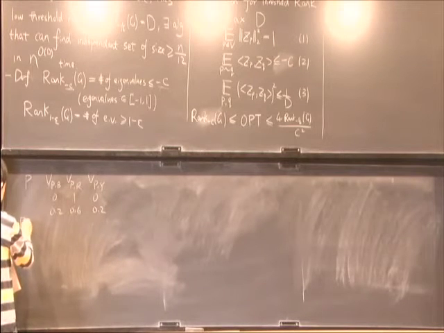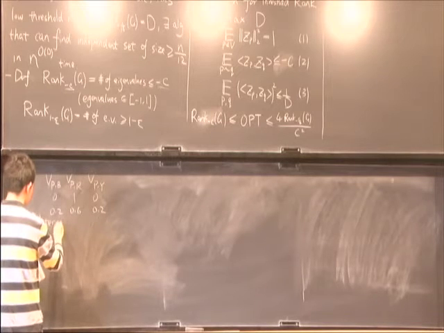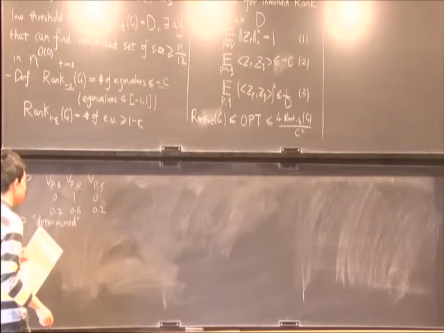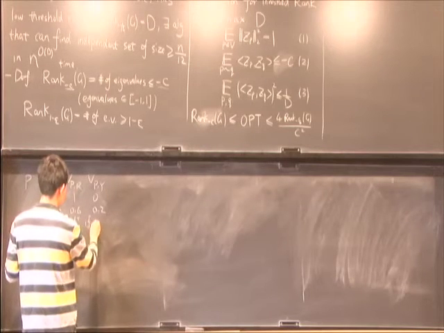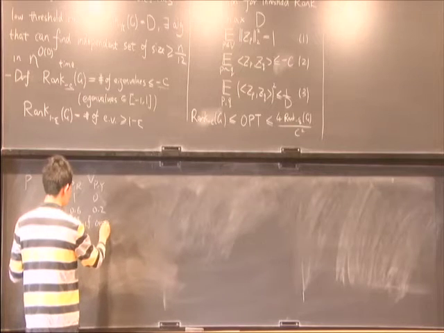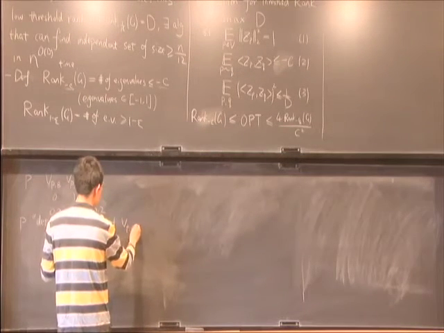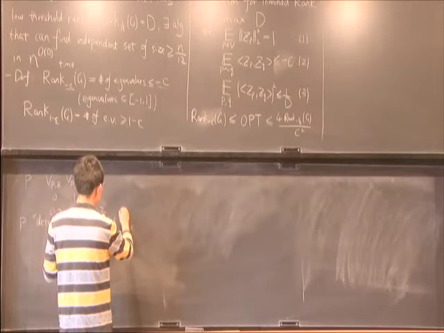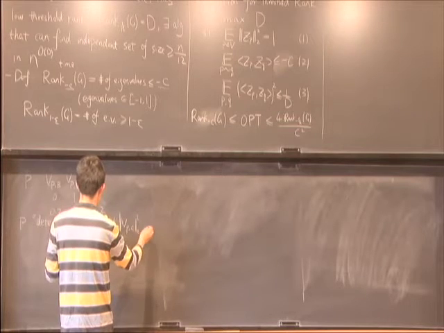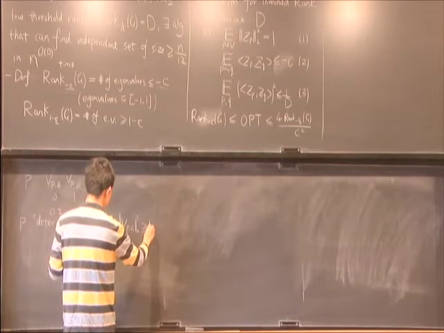So we call this P determined, if for some color, V_P of that color has probability strictly larger than half.